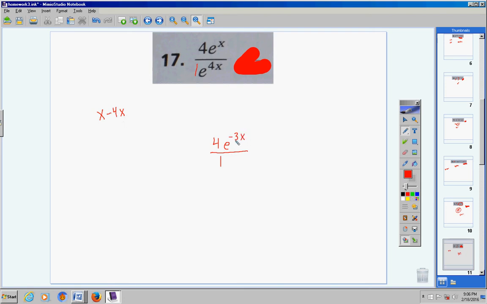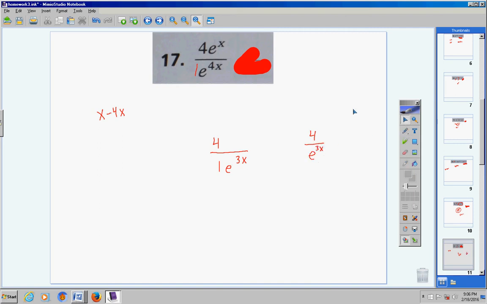Now, you guys know by now we do not want negative exponents in our simplified answers, correct? So this e to the negative 3x has to be moved down to the bottom. So we're going to pick this up right here, and we're going to move it down to the bottom like this. Now when I do that, this negative sign is gone, and now I have a positive 3x. Now we're really finished. You don't need that 1, so you can put 4 over e to the 3x.